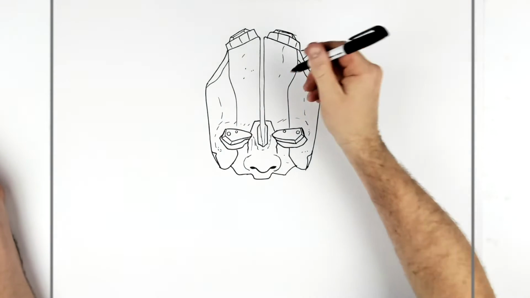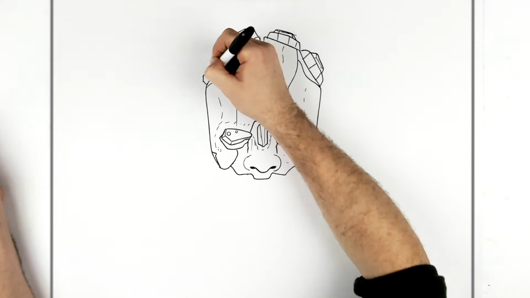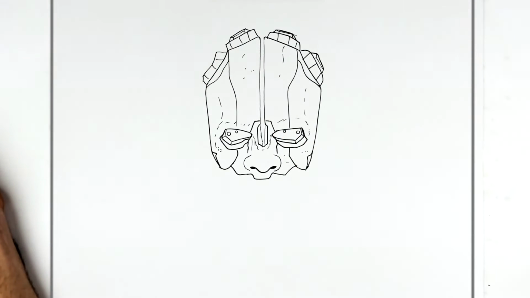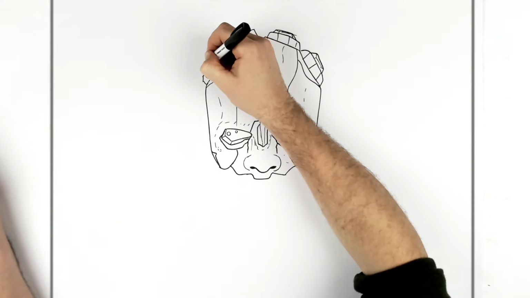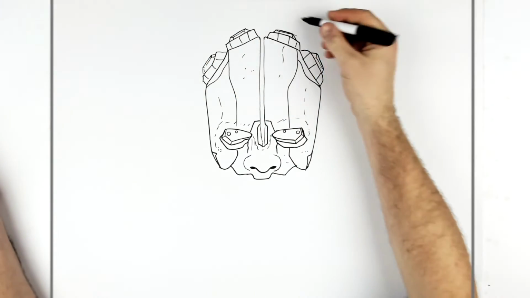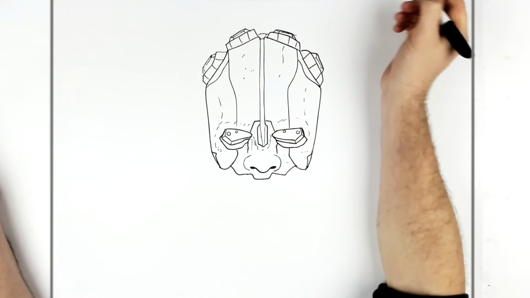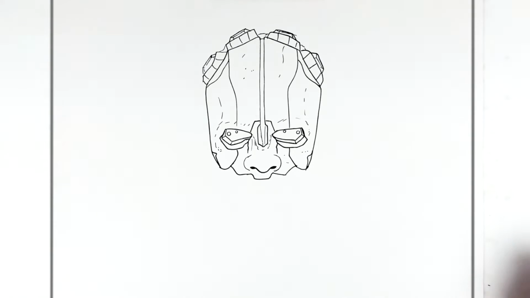Right, they kind of look like buttons or something. Right, so another one. That and then something here. It's like the back of his head or something at the back there.